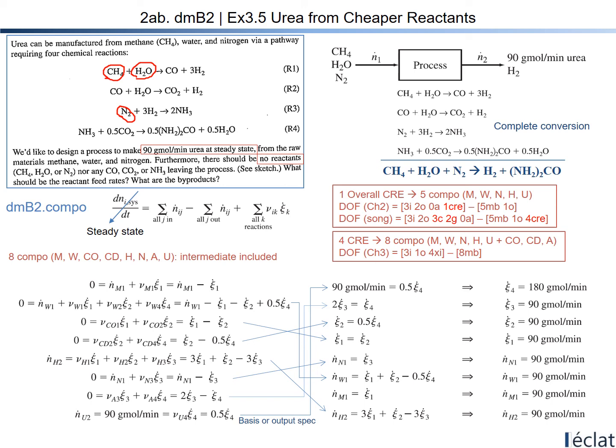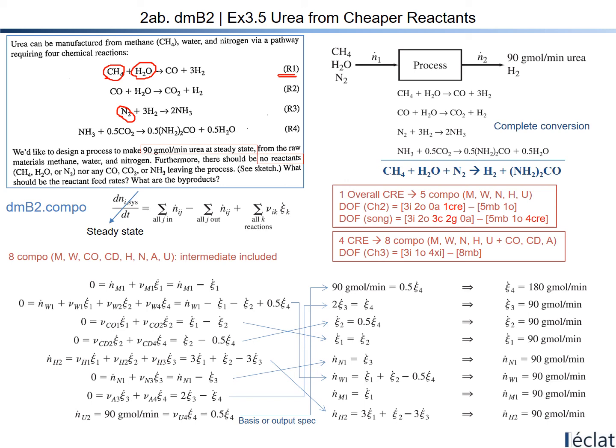So methane plus water is going to carbon monoxide and hydrogen in reaction 1. Then in the second reaction, we have also carbon monoxide with water, which is going to carbon dioxide with hydrogen.